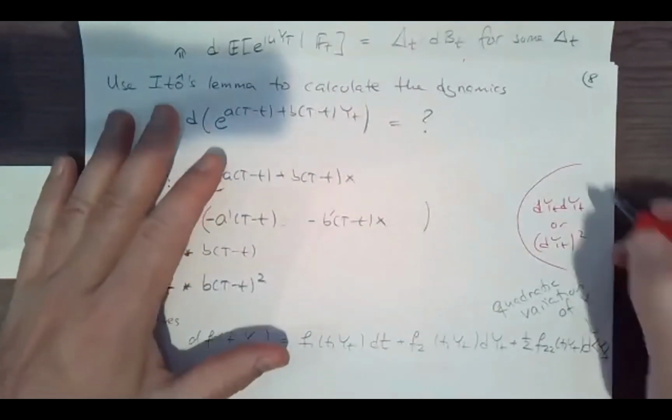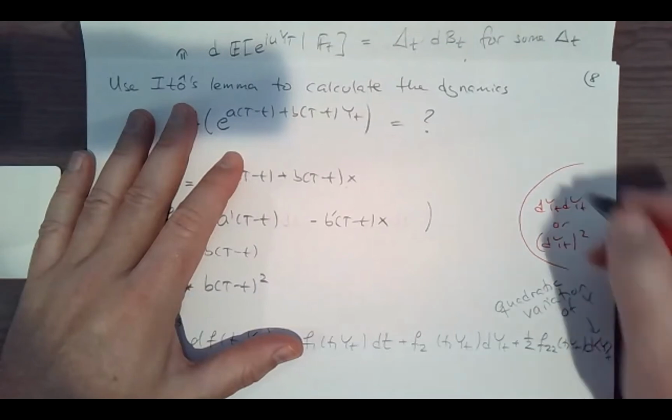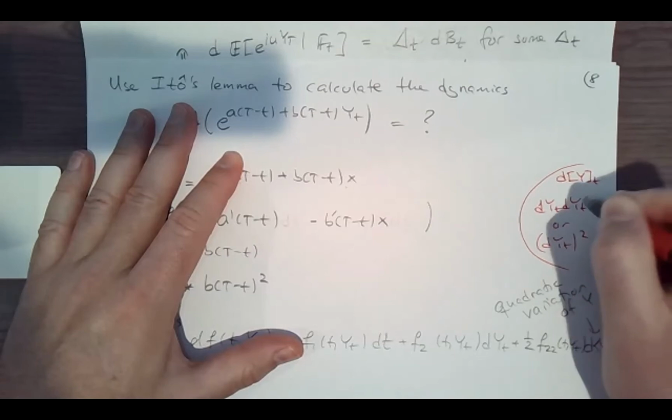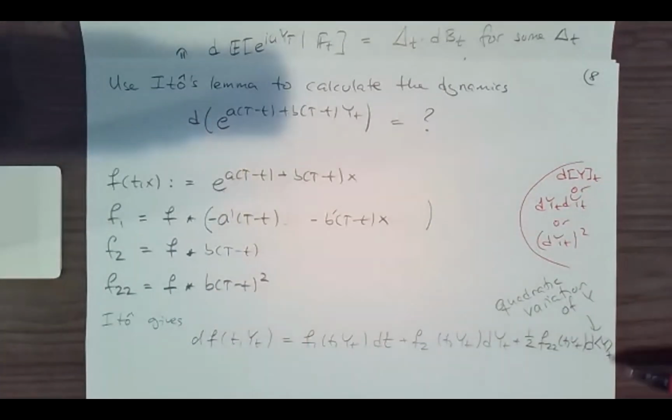There are also people that will write this with brackets. There are many ways to write this quadratic variation.